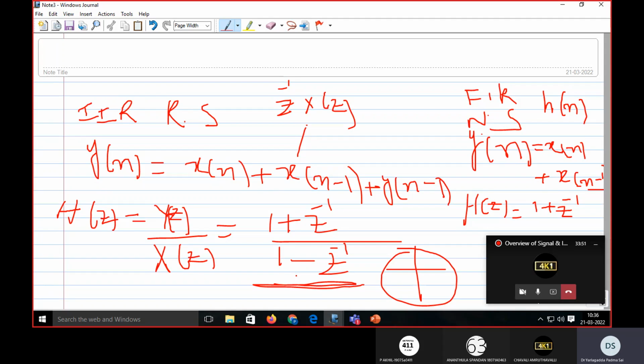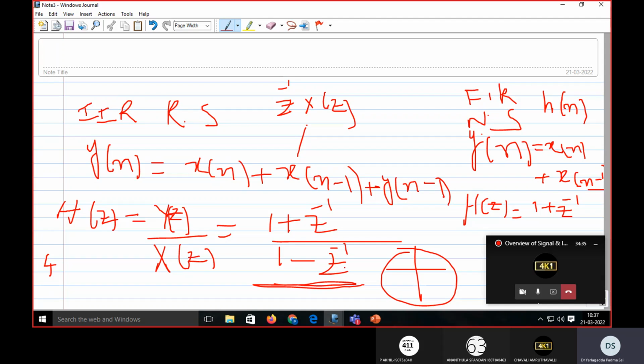This is the main problem with the IIR filter. Why is it a problem? For example, I want to implement my IIR using a processor. Initially, assume a 4-bit processor is available. I am not bothering about floating point, considering all the coefficients. Actually, instead of 1, assume it is having 1.456, etc. Here also, instead of only minus z power, it is having some coefficient like 2.69, etc. I am keeping all the decimal points and checking the stability of my system, and it is giving a stable system.